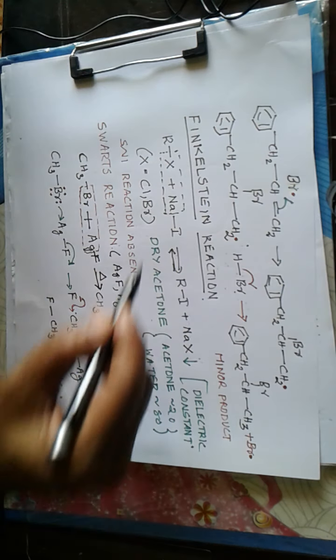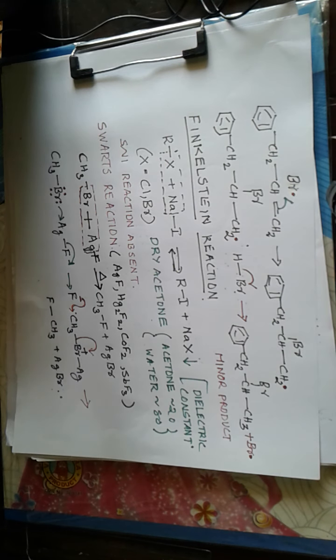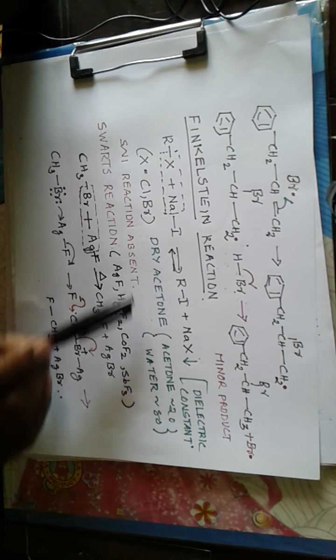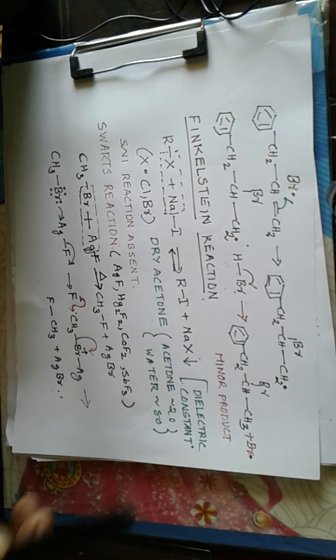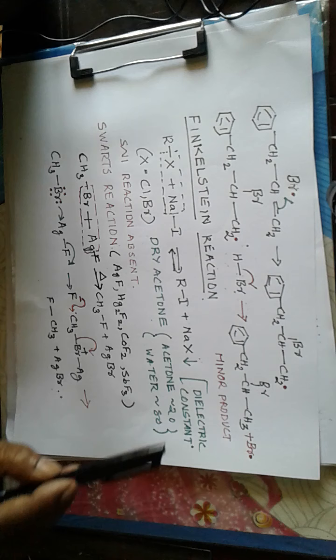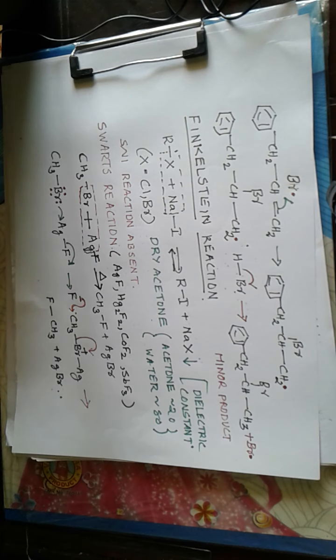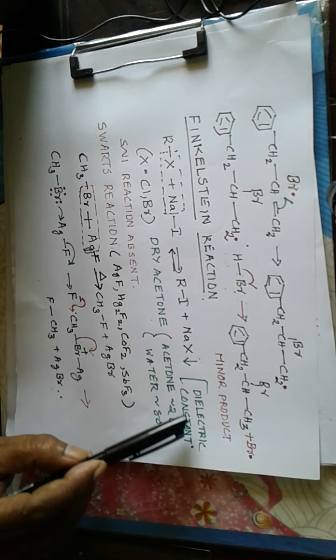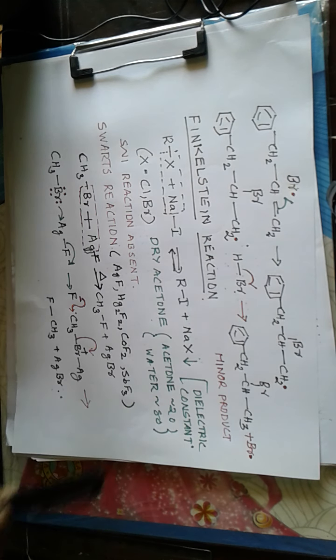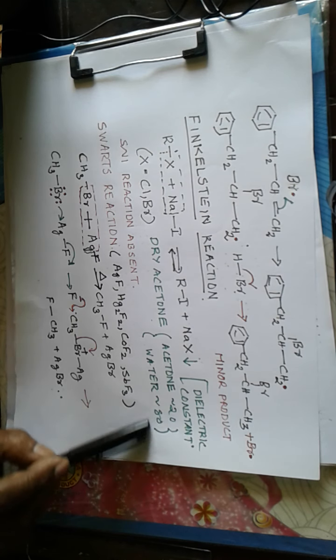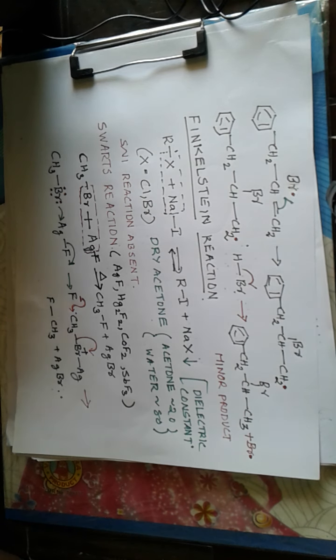Now, a Finkelstein reaction is a reversible reaction, and dry acetone is a less polar medium, and polarity is decided by the dielectric constant of the medium. For acetone it is about 2, for water it is 80, so we can consider water as a highly polar solvent, whereas acetone is practically a non-polar solvent.